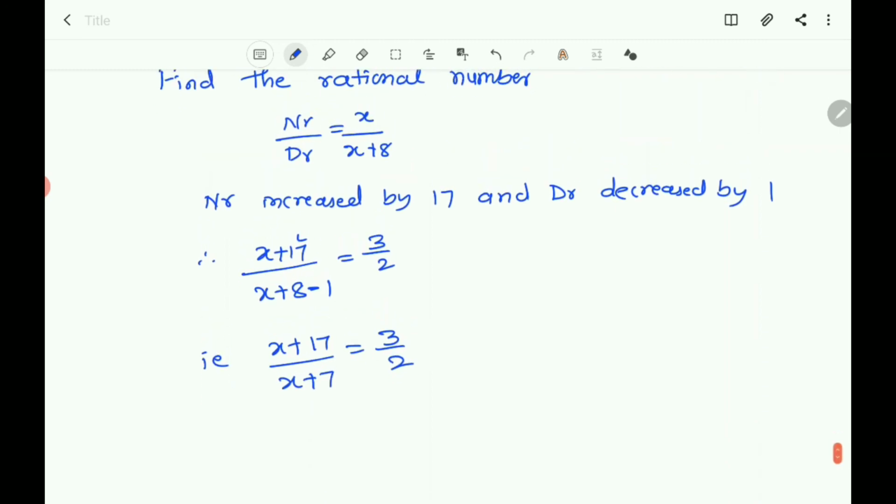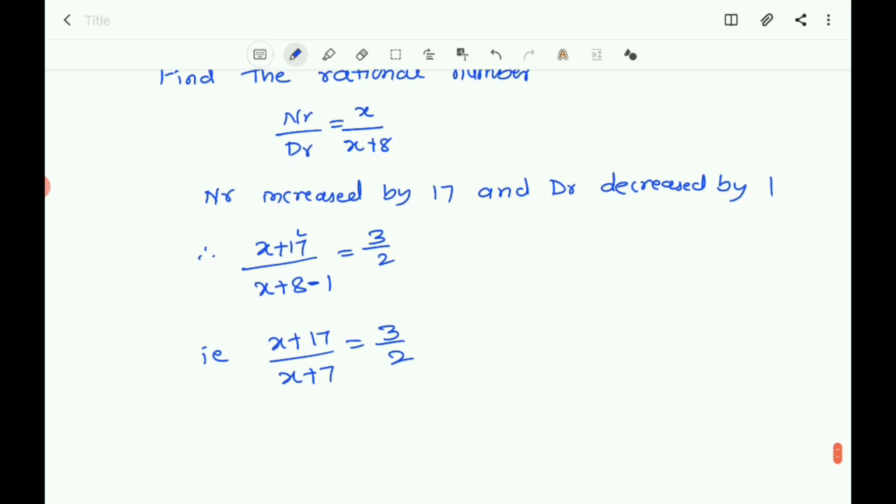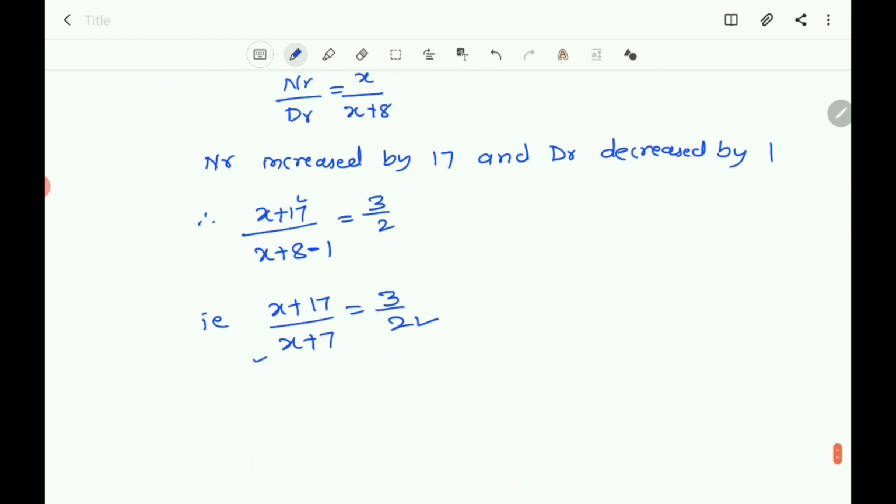Again here both LHS and RHS are in the form of numerator by denominator. Then we have to cancel x plus 7 in the LHS denominator, and 2 in the RHS. So you do the cross multiplication, that is nothing but multiplying LHS and RHS by 2 into x plus 7. So it becomes 2 into x plus 17 equals 3 into x plus 7.